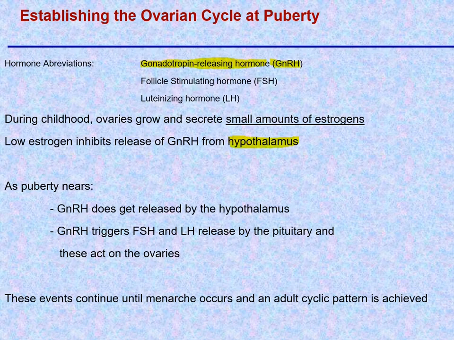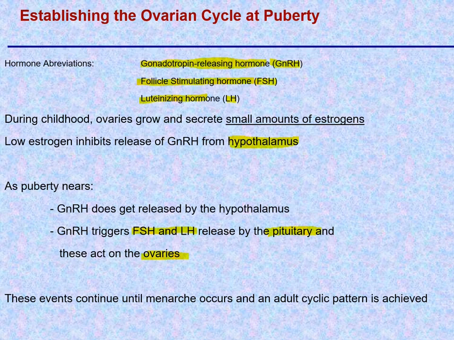These are the gonadotropins: follicle stimulating hormone and luteinizing hormone. And these, of course, are produced by the anterior lobe of the pituitary and can act on both ovaries. So if gonadotropin releasing hormone gets released, then it will trigger FSH and LH production and release by the anterior lobe of the pituitary.